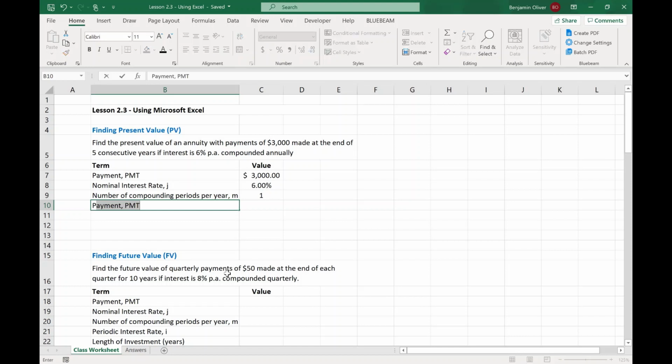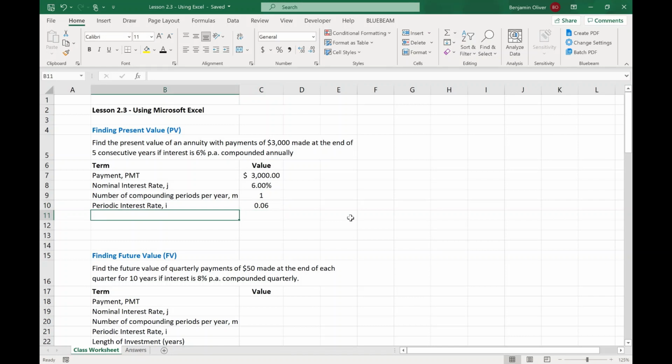So just like we're solving a problem, we have J and we have M. So now we can find the periodic interest rate. Again, we put a comma, that is I, and I'll press tab to go to the right. Now, if we're solving that, that's equal to our nominal rate of interest divided by our number of compounding periods per year.